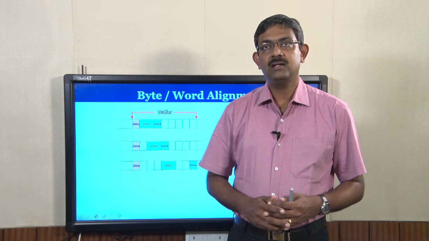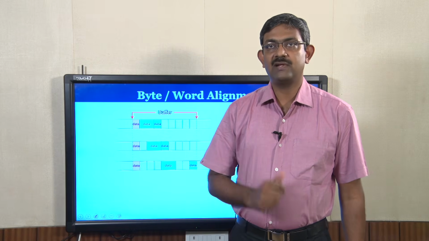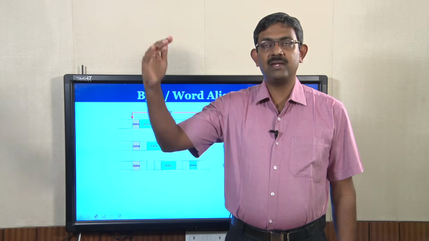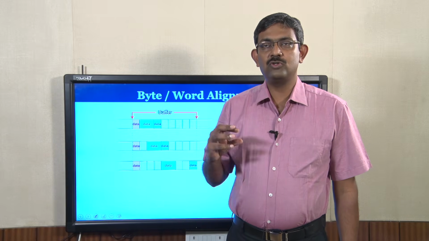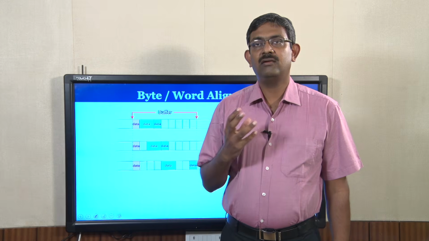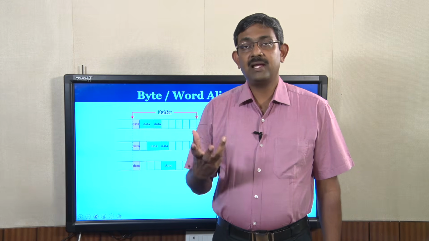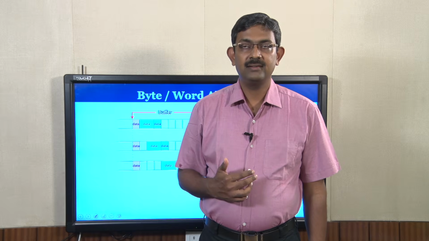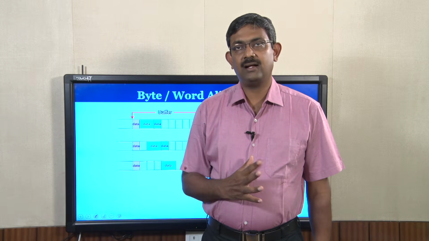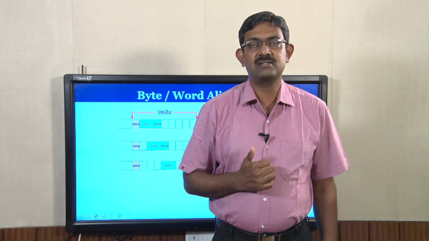Having seen how multi-byte words are stored, the next aspect that we would like to review inside memory is the alignment of data. We know that memory consists of a sequence of bytes. Now, when you are going to store words, some words are 1 byte, some data may be more than 1 byte, say 2 bytes, some data may be 4 bytes. Can I save the data immediately after the previous data?